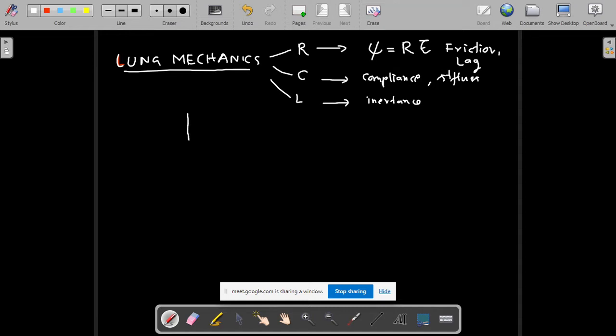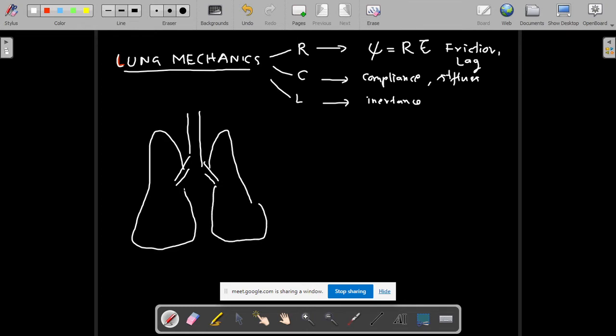So you assume your chest wall, and you have your lungs, with the different parts of your lungs. Air enters in this path, then moves via the two terminals, and travels along the path of the lungs.